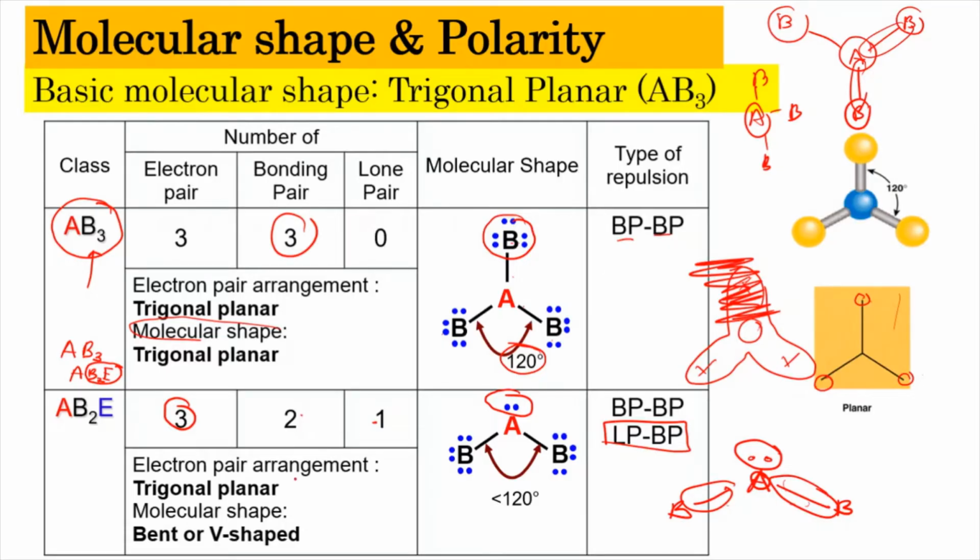And for this reason, they're going to have a new molecular shape name, which is bent, or you can call it V shape. Okay, and the electron pair arrangement name is still maintained because they have 3 electron pairs consistently. It's just that the numbers of lone pairs and bonding pairs are different.